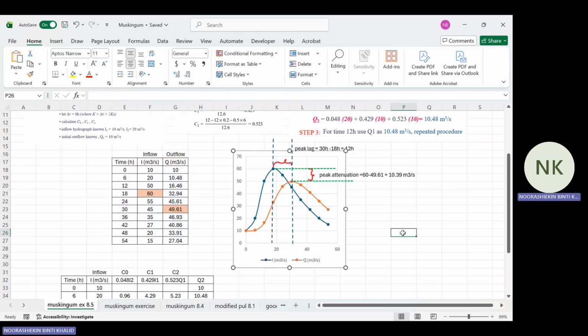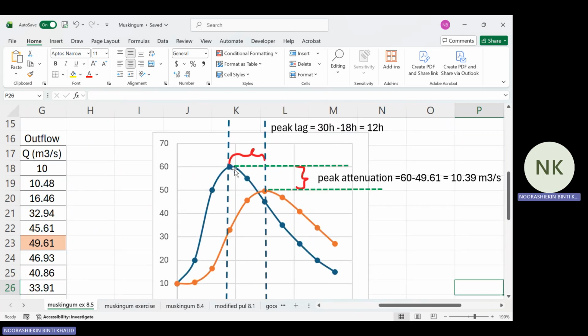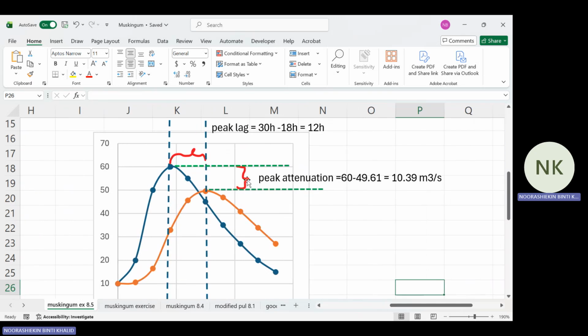And then you find the peak attenuation, which is how much difference there is between the peak of the inflow graph and the peak of the outflow graph.